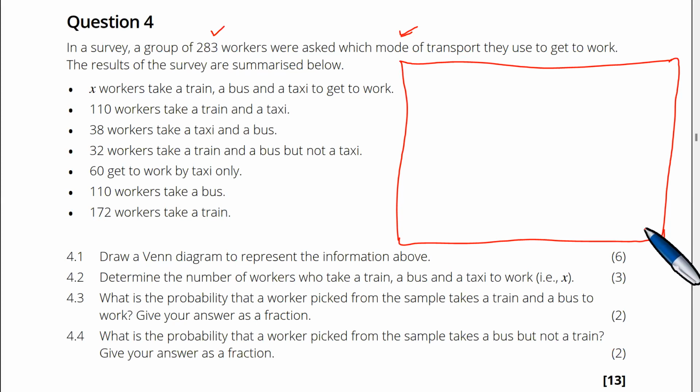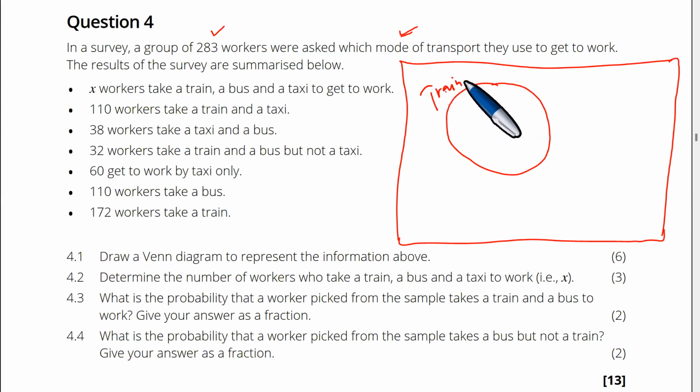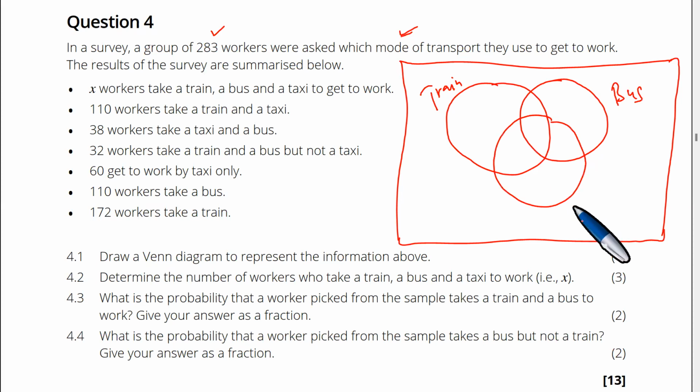So now either somebody is going to take a train, or they take a bus, or they take a taxi. In a survey, a group of 283 workers were asked which mode of transport they use to get to work. The results of the survey are summarized below.